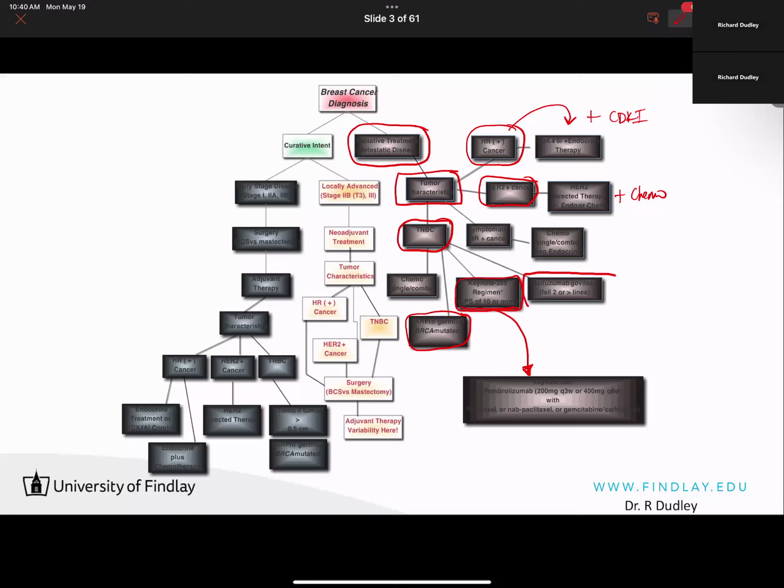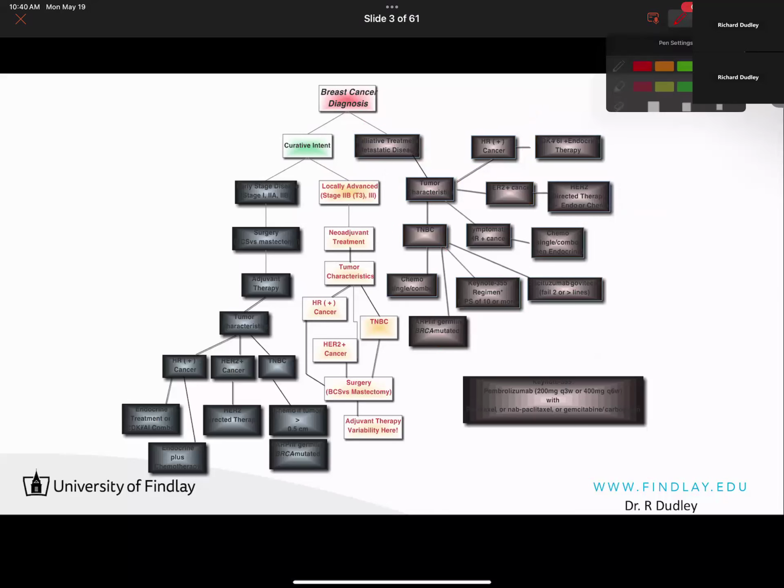And then there are other immunotherapies that could be used as well for the triple negative setting. All right. So we'll consider all of these individually as we move forward.